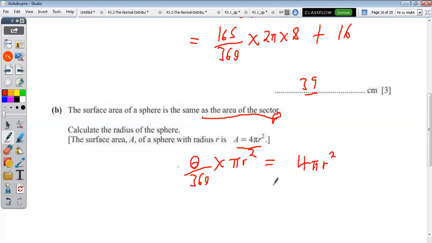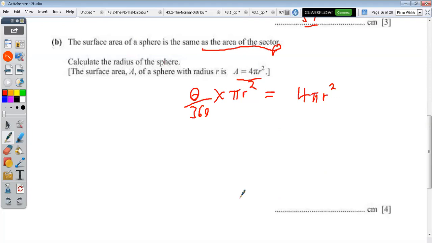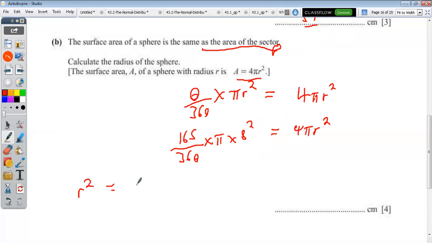Now, you see, let's plug in. We now know that this is 165 over 360 multiplied by pi multiplied by the radius 8 squared. And they're saying that is equal to 4 pi r squared. Clear now? So I can divide both sides by pi. Then I have r squared equal to 165 over 360 multiplied by 8 squared, divided by 4 pi.